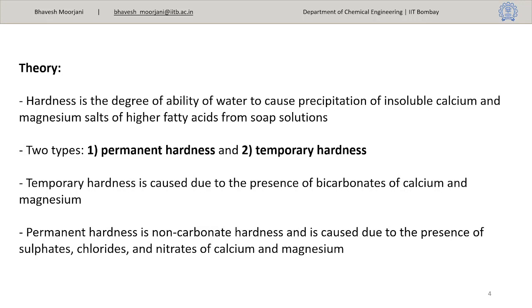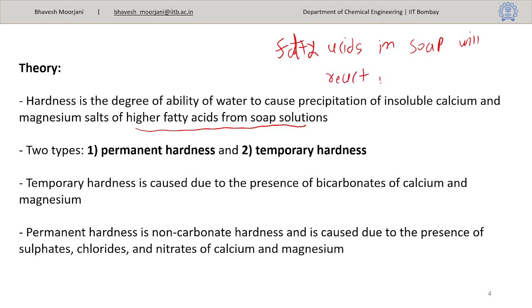Hardness is induced because of calcium and magnesium salts, and because of the presence of these calcium and magnesium salts, the higher fatty acids in soap get precipitated out. So the fatty acids in soap will react with the salts of calcium and magnesium.